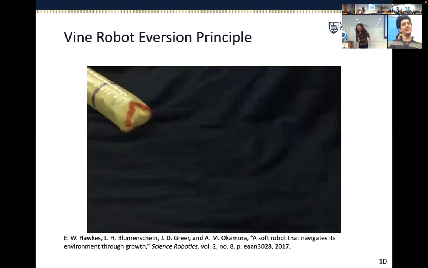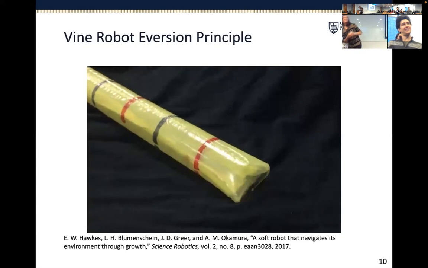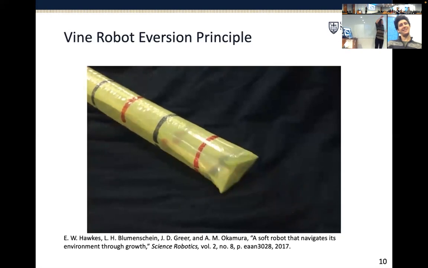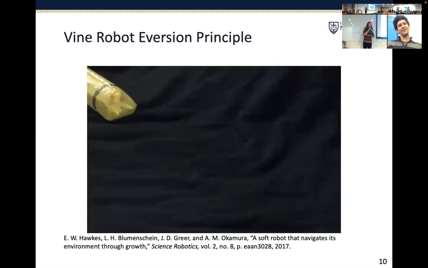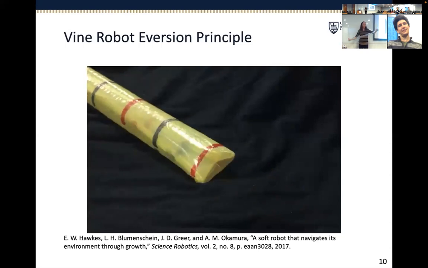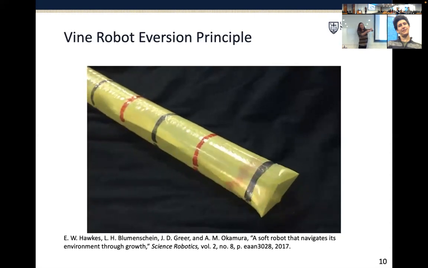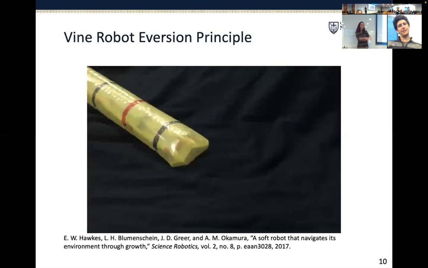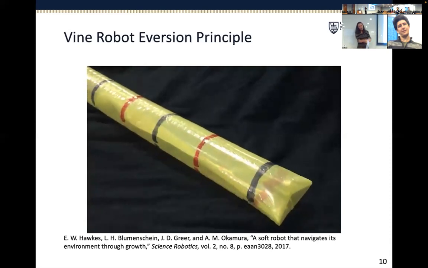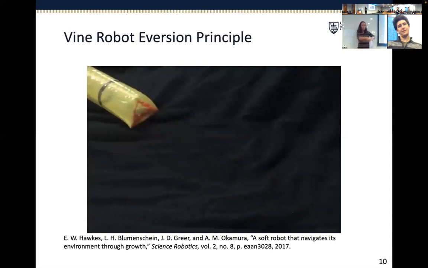All right, so here's my vine robot that I carry around in my purse, and it's basically plastic bag material. I'm going to blow into it a little bit so I can fold it inside out. All right, so here it is. I'm folding it inside of itself, similar to what you do when you fold a pair of socks.